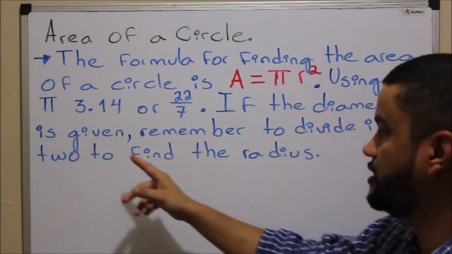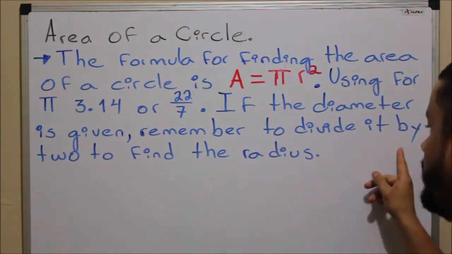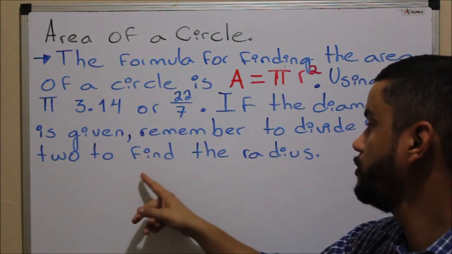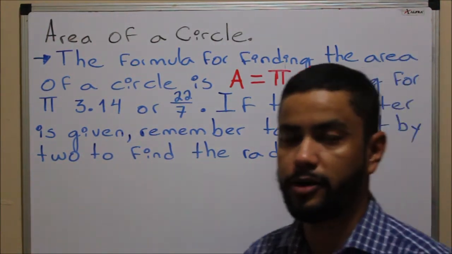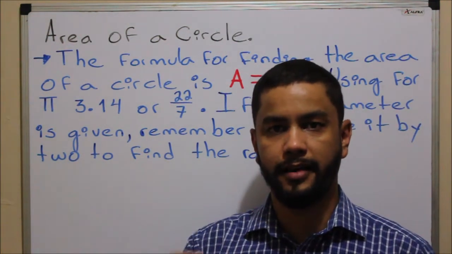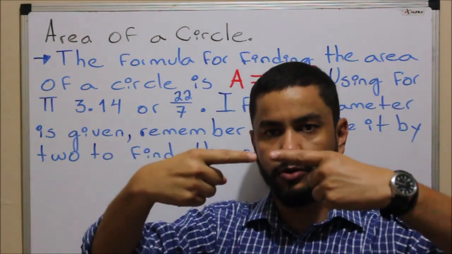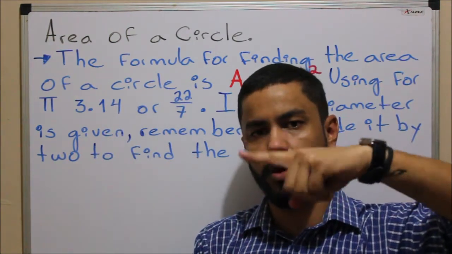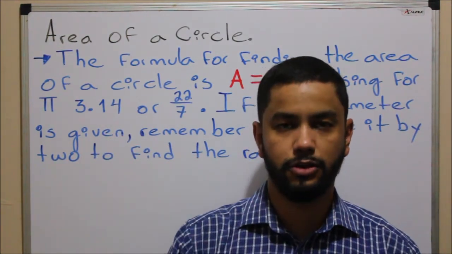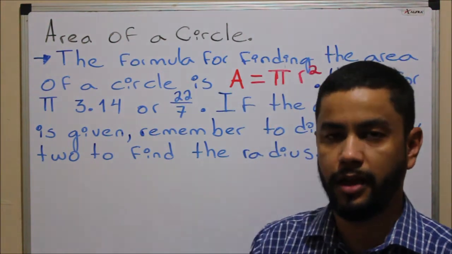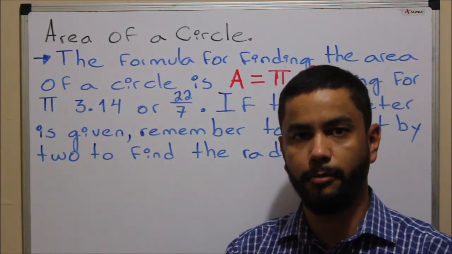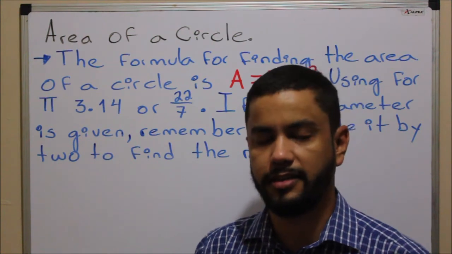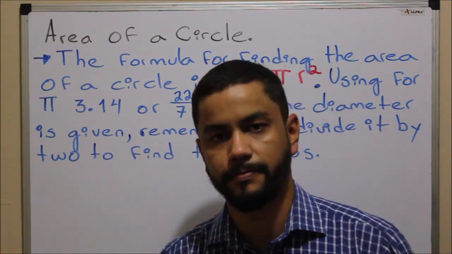If the diameter is given, remember to divide it by 2 to find the radius, because the diameter holds 2 radii. Okay guys, I will leave that for a moment and you will copy it before we start making exercises and examples.